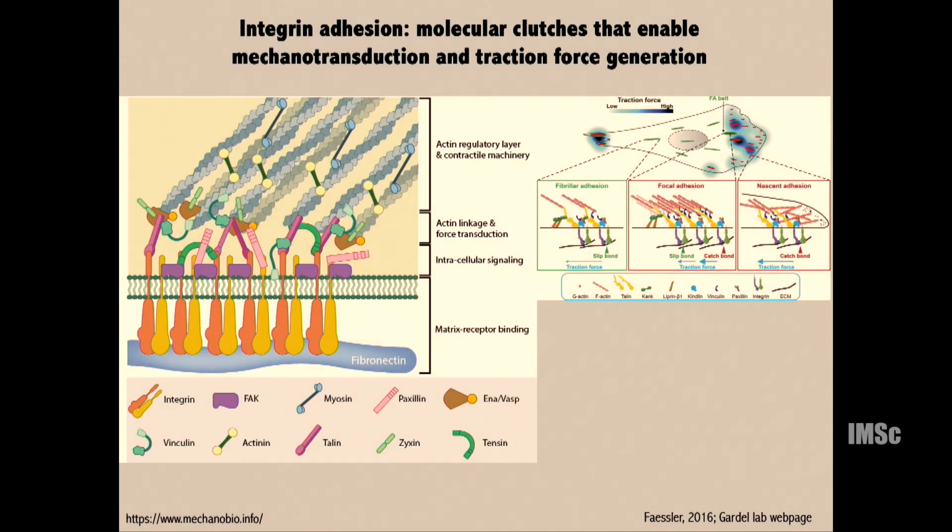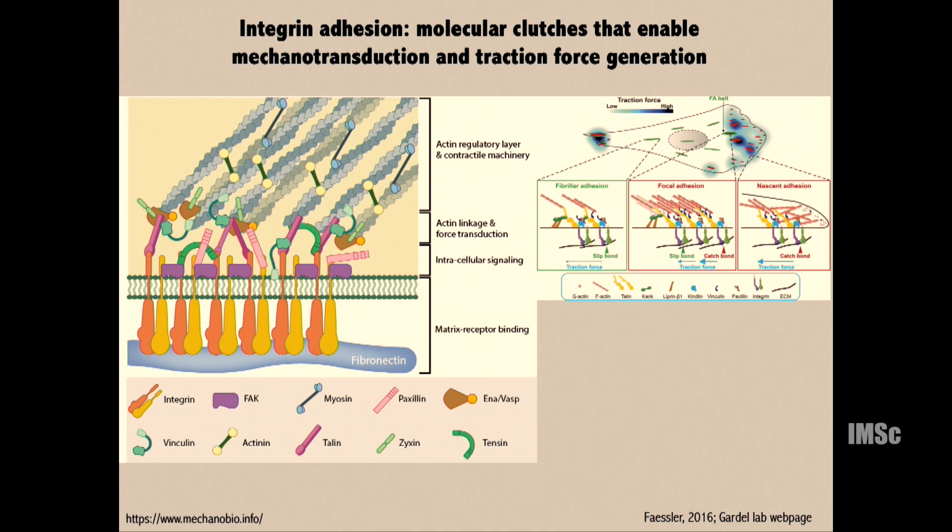Likewise, there are proteins integrated into the membrane that link to the substrate, for example the surface on which that film is moving, that can generate traction forces by virtue of the fact that the insides of those proteins also connect up to the actin cytoskeleton.